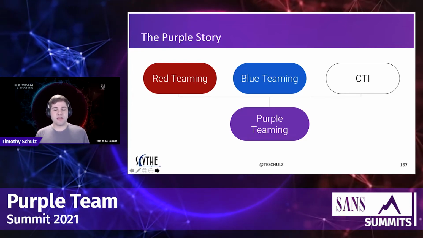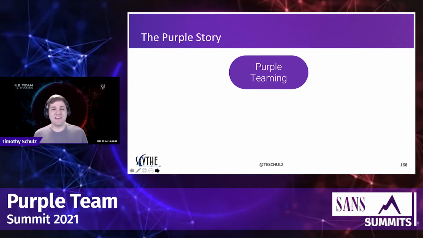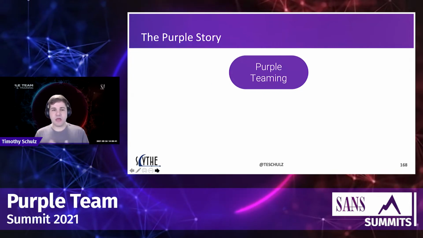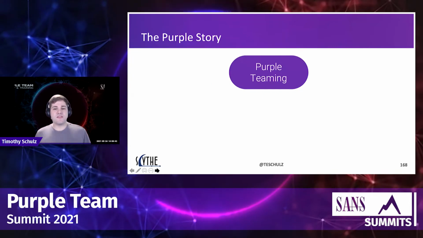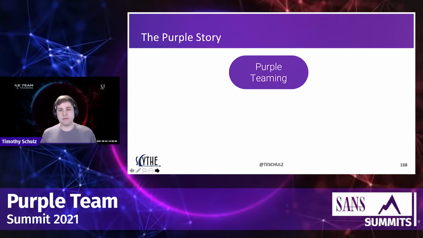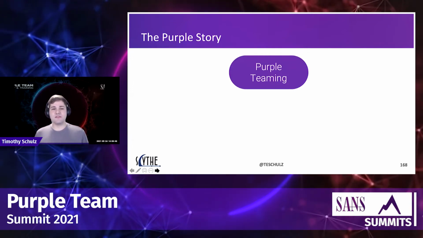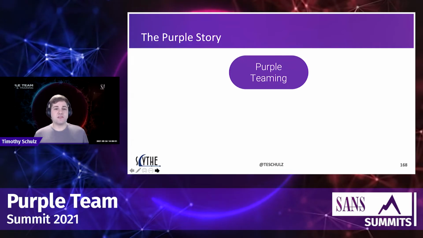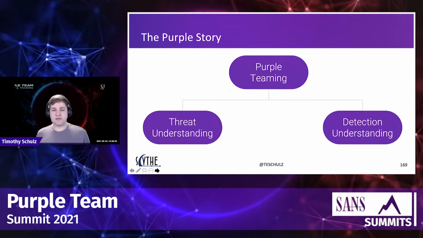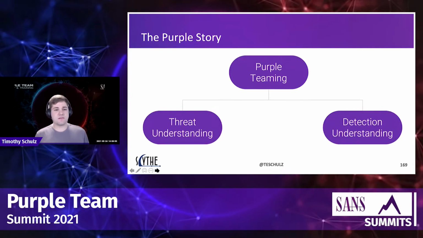But if we're looking past that, where we're starting with purple teaming, how do we go from there? And so how do we measure a purple team as it's growing, as we're trying to build it? I've split this out into two separate categories: threat understanding and detection understanding.